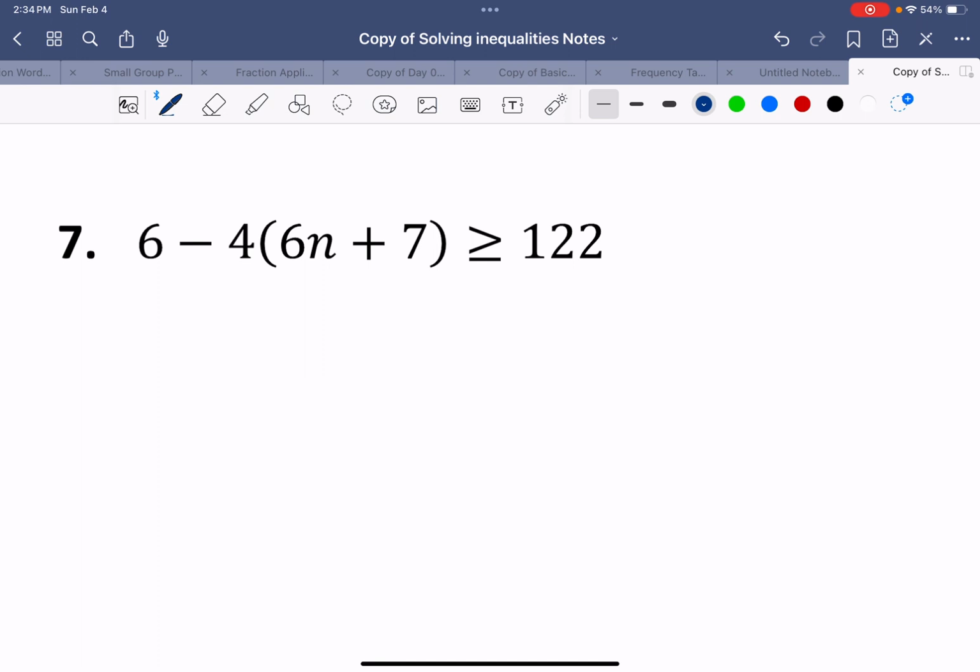All right, let's get some more distributing practice. Let's simplify the left side of this problem because I'm seeing this right here, okay? Then we'll separate and get the n by itself. So let me make sure I drop my equals down. 6, and then negative 4 times 6n is negative 24n. Negative 4 times 7 is negative 28. Remember, negative times positive is negative.